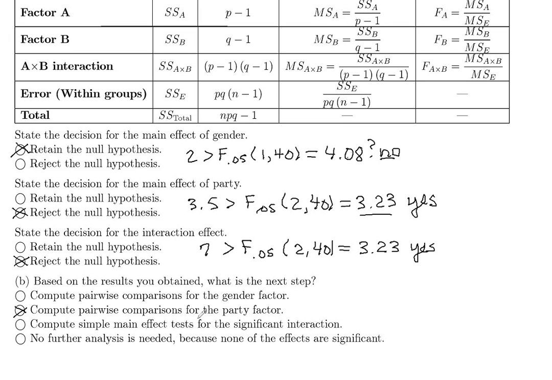Simple main effect test for significant interaction. The interaction was significant, so we would also have to do the simple main effect test for the interaction. So we'd actually have 2 possibilities there that are checked. I think you only have 1 in the homework though, one of these that gets checked. So that wraps that problem up.